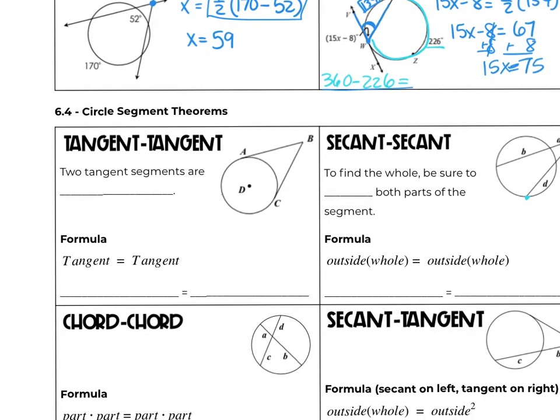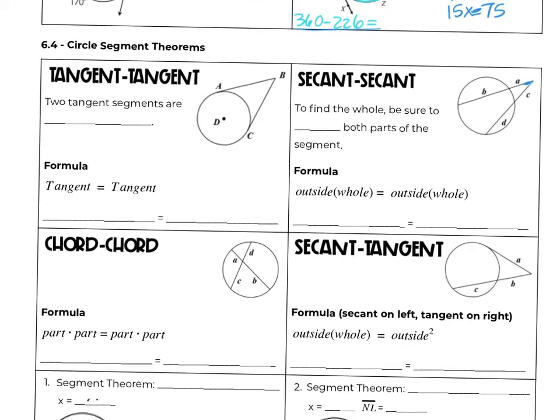All right, so today we are looking at circle segment theorems. One thing to really pay attention to: this unit has a lot of information, and it starts getting tricky picking out what you're doing.